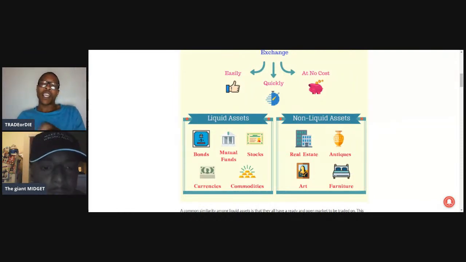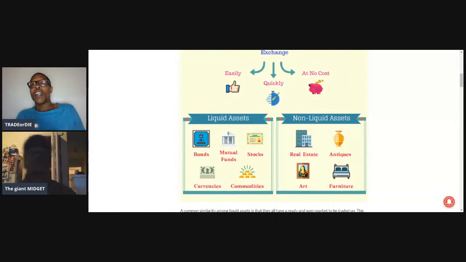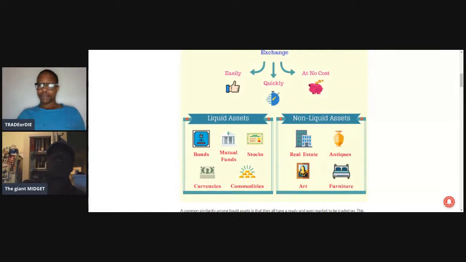Here's a good way to think of liquidity: stuff that moves fast. In the stock market itself, liquidity means shares that are constantly moving, and non-liquidity means shares that can't move. So just think of it as fast-moving assets and slow-moving assets. That's another way to look at it.